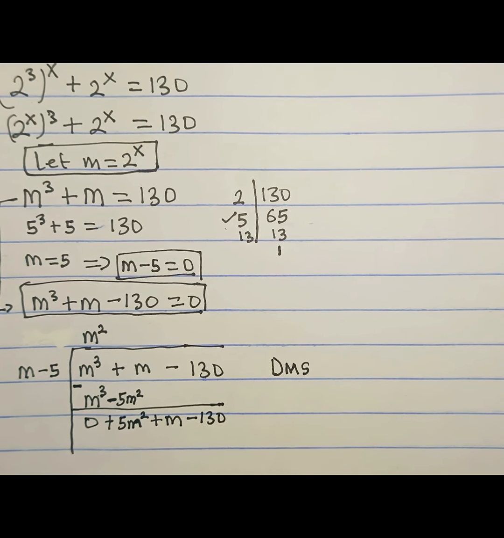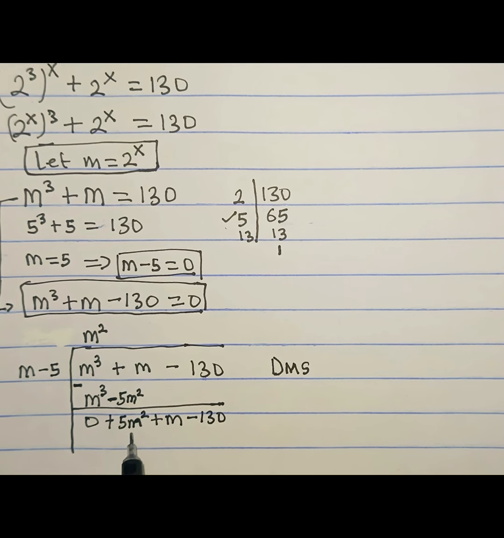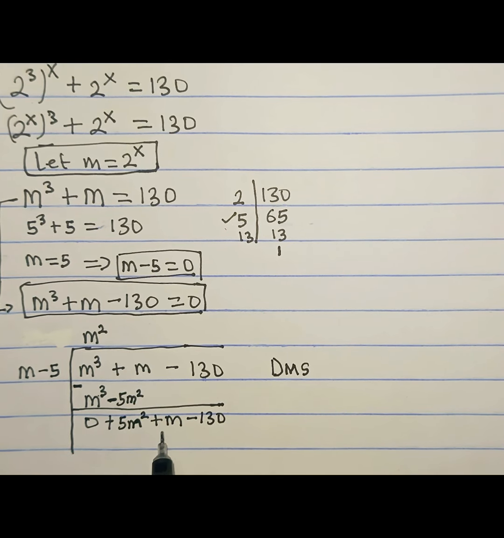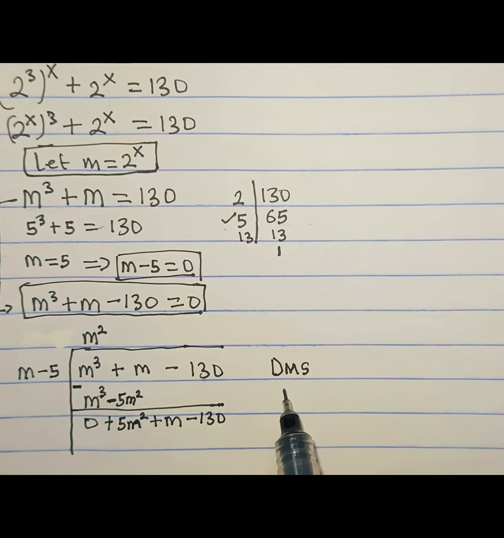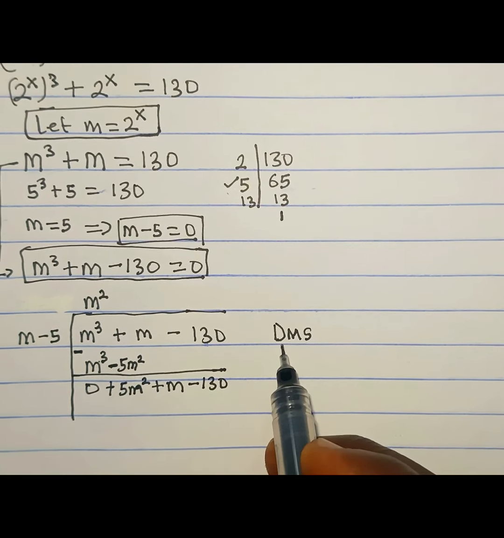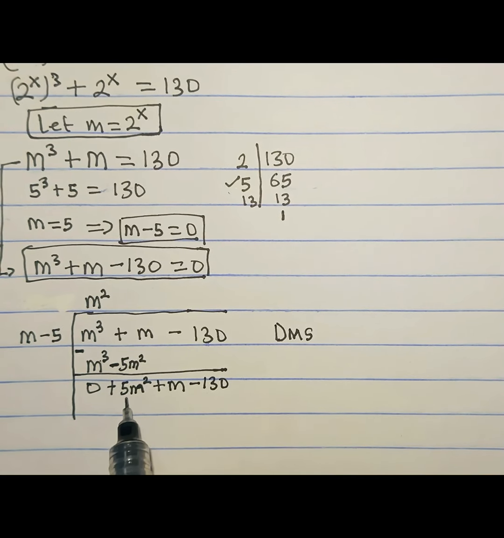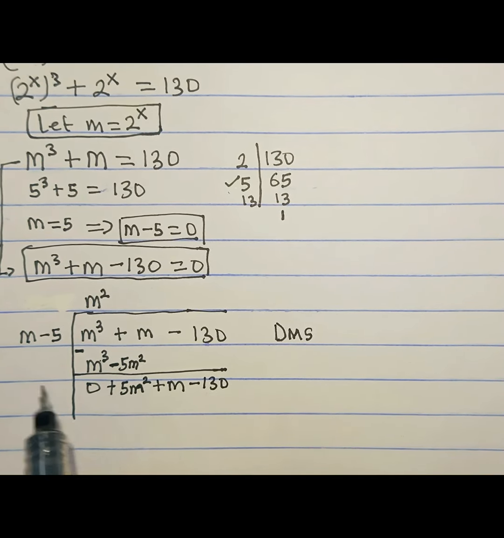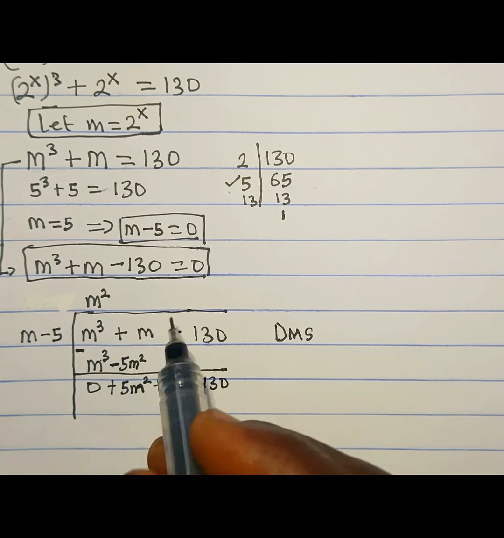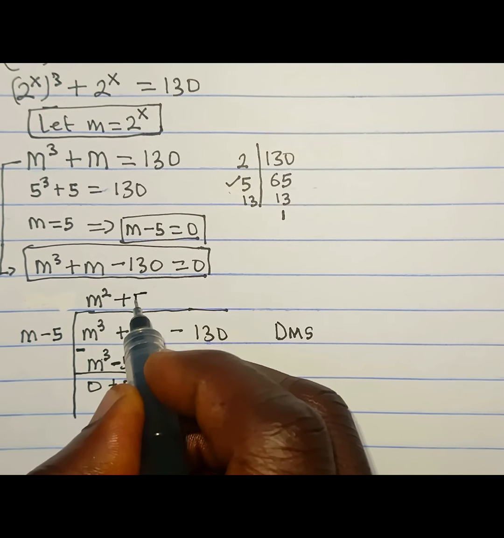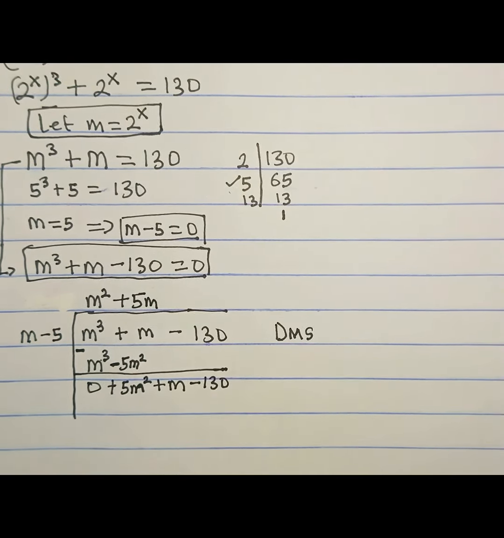So the next we are going to do, as you can see, what we have here is 5m to power 2 plus m, then minus 130. We are going to repeat this again by dividing the first term by first term, then we multiply and subtract. So 5m to power 2 divided by m is going to give us positive 5m because one of the m will cancel.